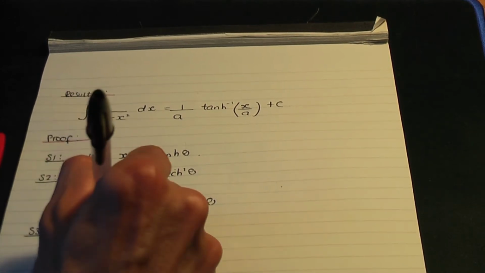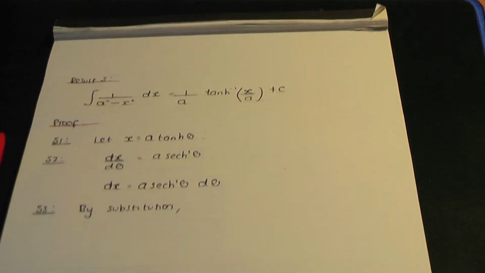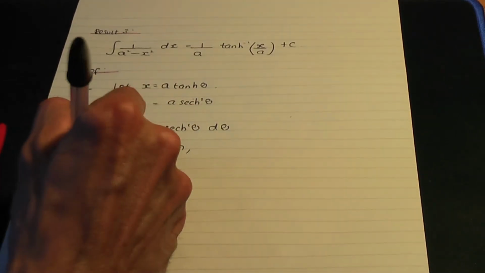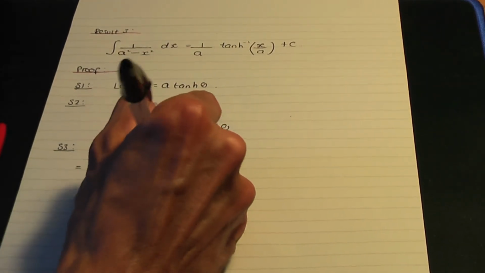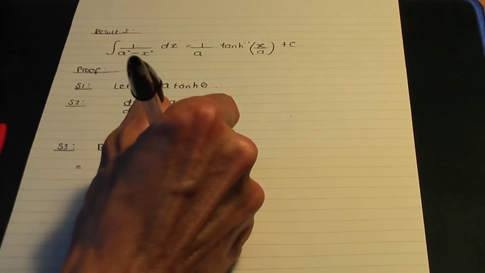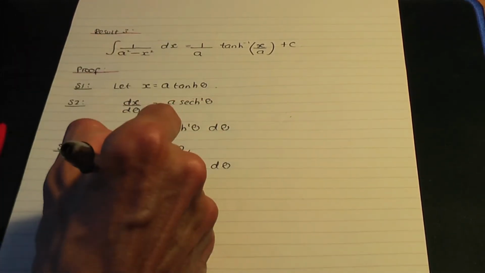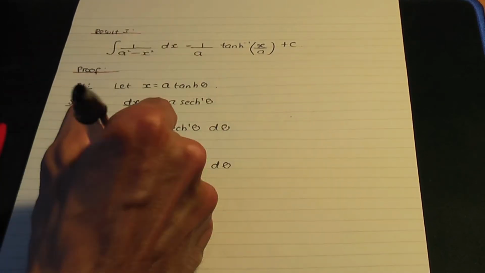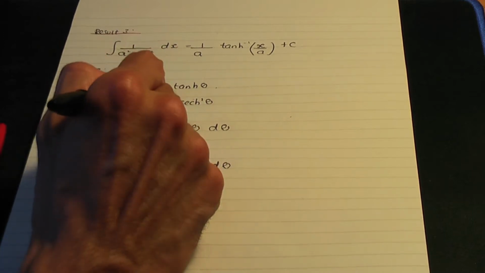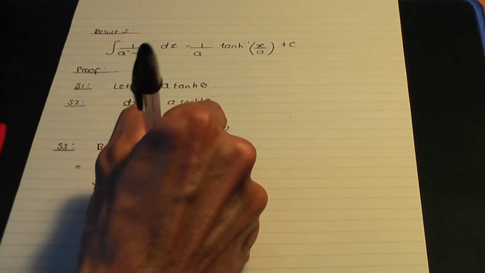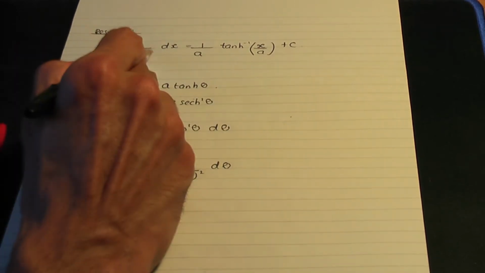So by substitution, I hope you can see that, dx is replaced by a hyperbolic sec squared theta d theta over a squared minus, and x is replaced by a hyperbolic tan theta. So I've got an a hyperbolic tan theta squared. Okay, so don't forget the squared.